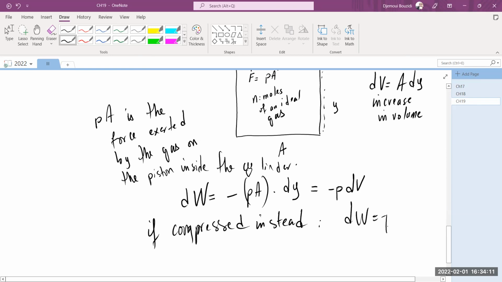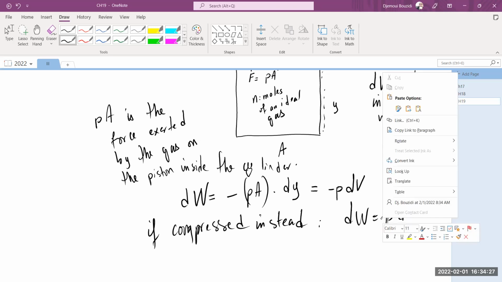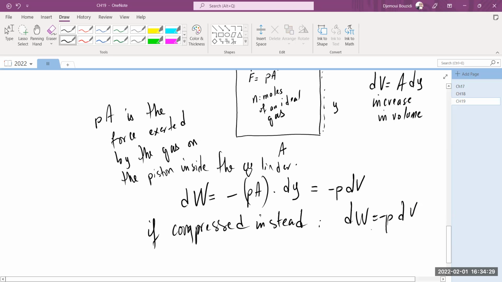It's the same amount, minus P dV, because dV is negative now. When it's compressed, the volume shrunk by dV, so dV is negative, times another negative, that's positive. So this is a minus still, and the energy goes up in this case.